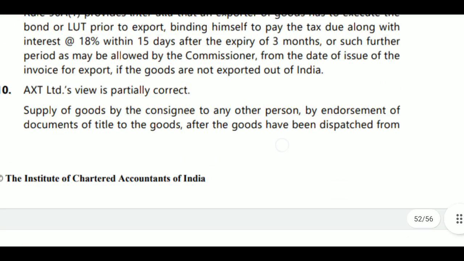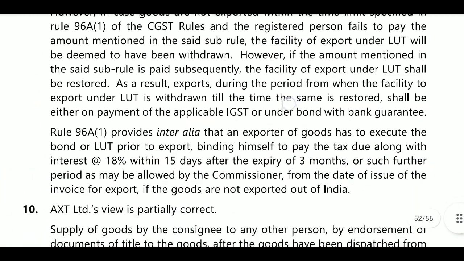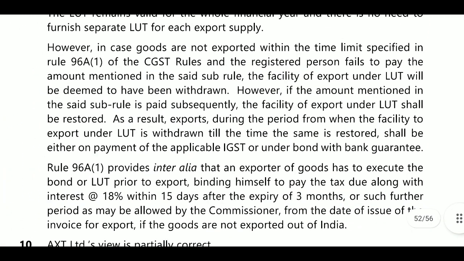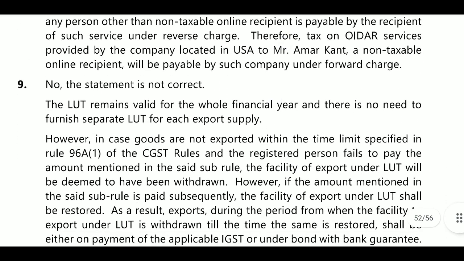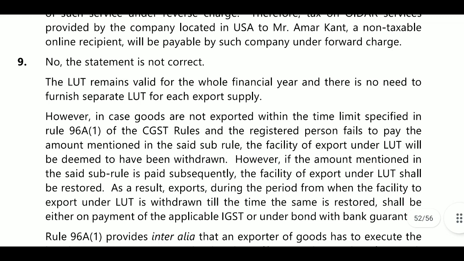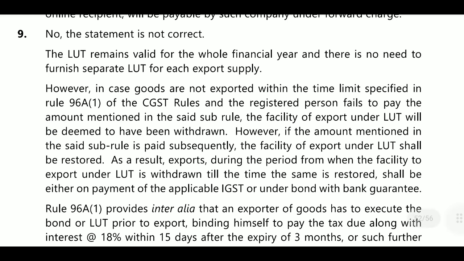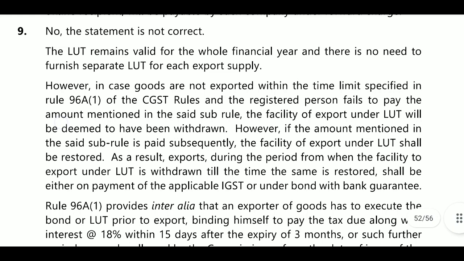And in question number 9, we missed some information related to the rule. No, the statement is not correct. LUT remains valid for the whole financial year and there is no need to furnish separate LUT for each export. However, we explain about Rule 96A.